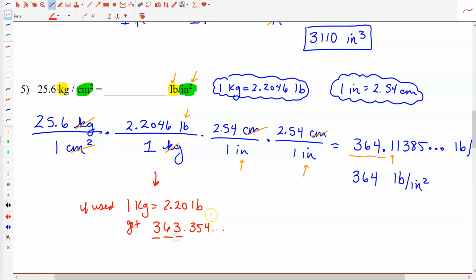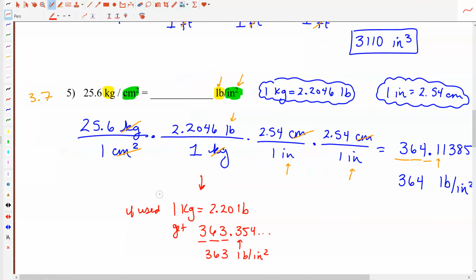If you round this to 3 significant digits, because the value in the 4th spot is a 3, we would not round this up, and you would get 363, and then my units would be pounds per square inch. So you can see that's a little bit off from what I got. I got 364 pounds per square inch because I had more significant digits in my conversion factor. So there's a little bit of latitude here, but obviously we should be very, very close, and we're only off by significant digits depending on what conversion factors are used.